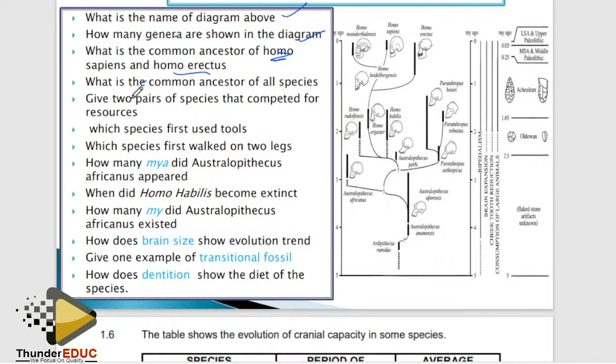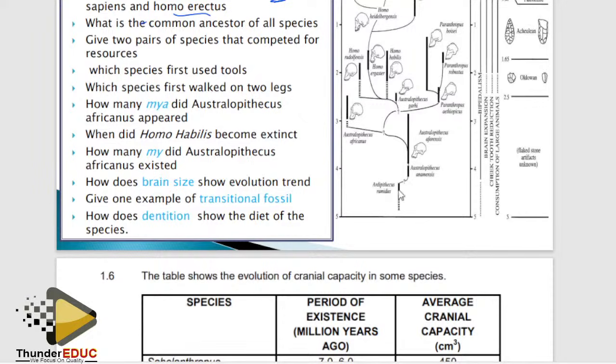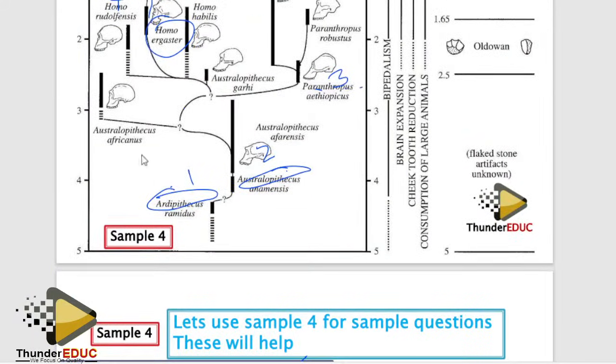Then the next one is, what is the common ancestor of all species? Here you just look at it. The common ancestor is Ardipithecus ramidus. It's the common ancestor of all species. So it is easy that way.